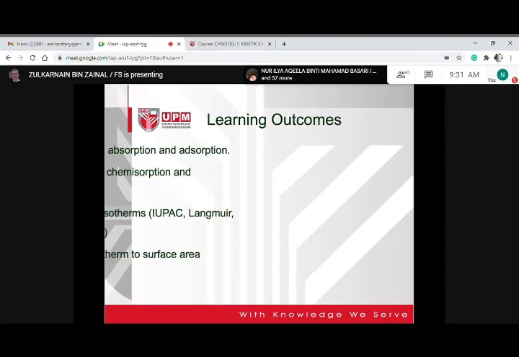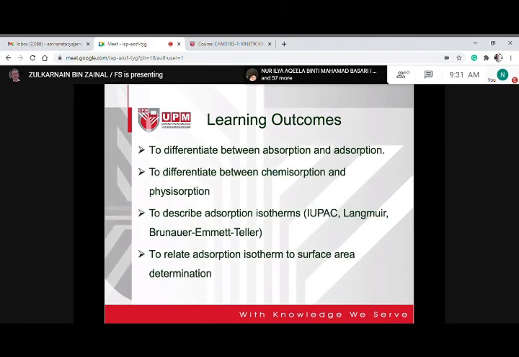So what are the learning outcomes of this? To differentiate between absorption and adsorption, AB and AD. So you should be able to differentiate what is absorption, to differentiate between chemisorption and physisorption.